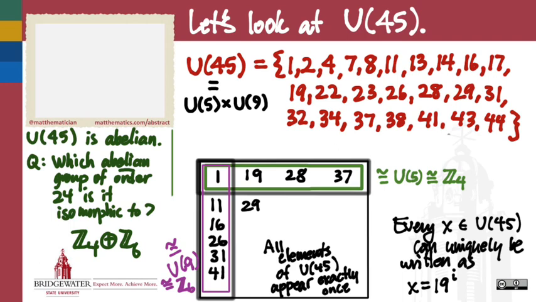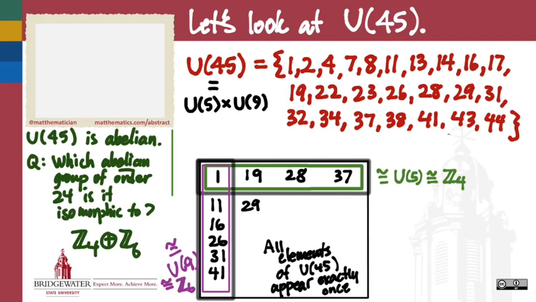And for Z6, let's say 31 is one of my generators for Z6, right? So what this would mean is that everything which is relatively prime to 45, we can write it in one and only one way as a product of a power of 19 and a power of 31, taken mod 45, of course, as everything is here. Okay, so we have this way of understanding U45.